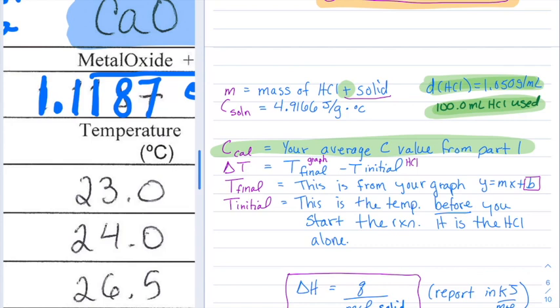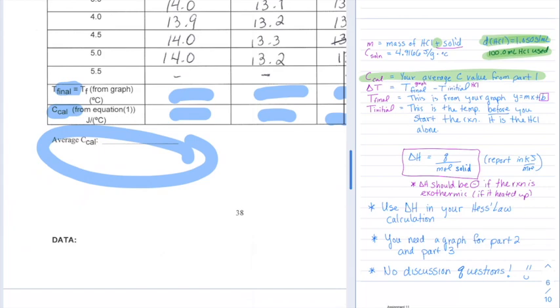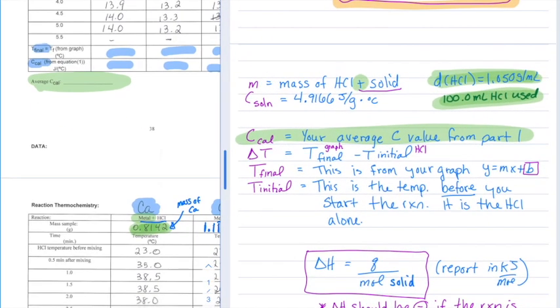If you're finding a C value far off from that, send me an email and let me know. But again, this is the average C, this one right over here. You need that average C in the calculations for part 2. So any questions about that average C?